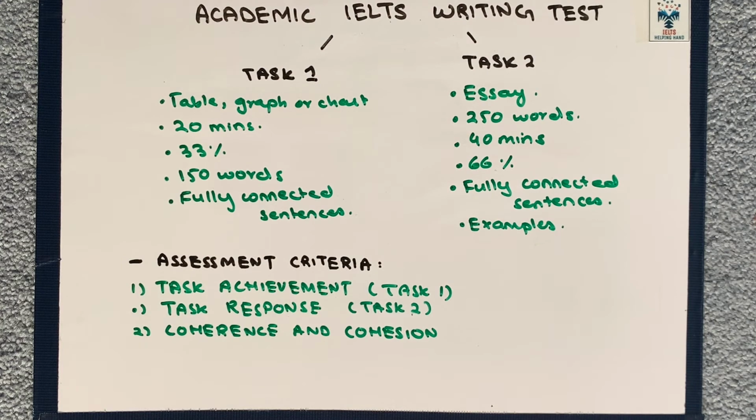This assesses how clear and fluent your writing is and how you organize your ideas and information. Coherence refers to the linking of ideas through logical sequencing, whereas cohesion refers to the appropriate use of cohesion devices like linking words, conjunctions, and pronouns.